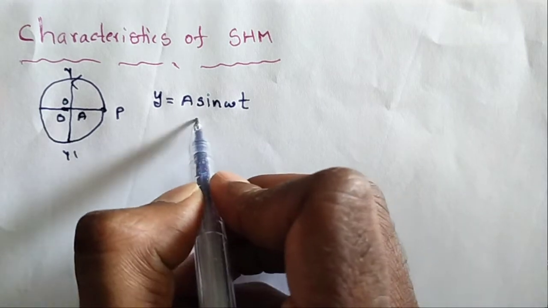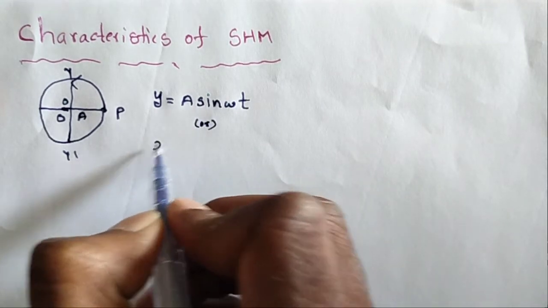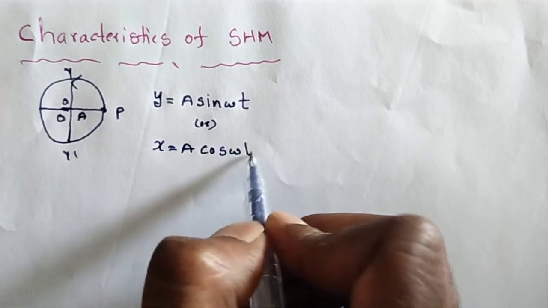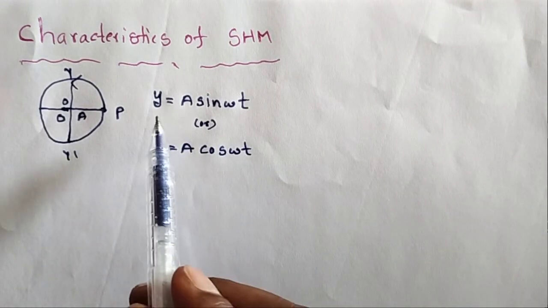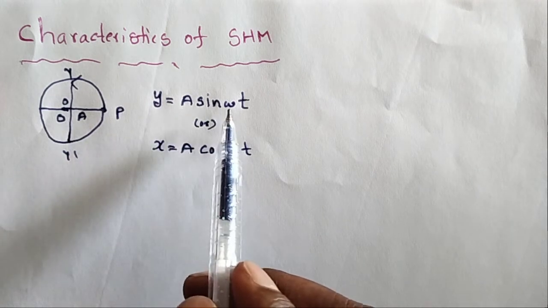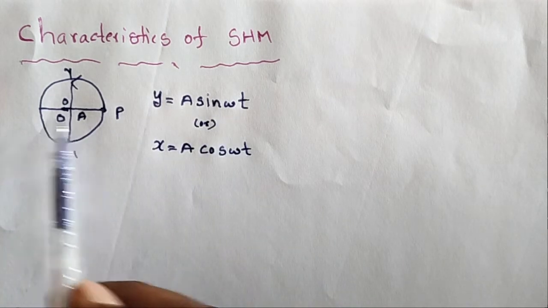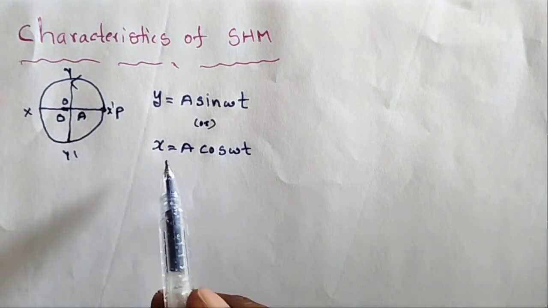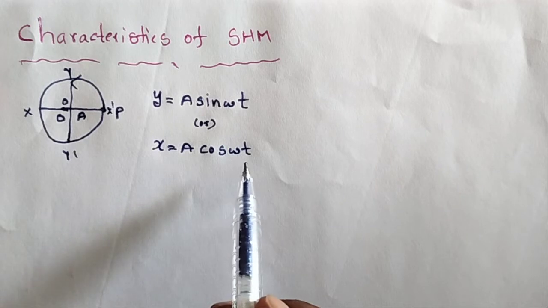What is the other equation of the displacement? x is equal to a cos omega t. Both are the same. Taking the projection on the y axis, y is equal to a sine omega t. Taking the projection on the x axis, X O X dash, the displacement equation is x is equal to a cos omega t.